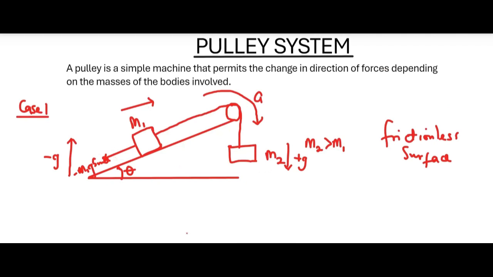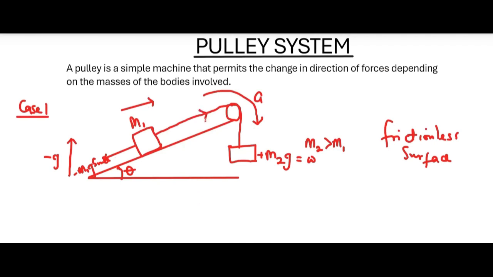So for this other side here, we don't need the sine theta because the body is purely on the vertical. Hence we have plus g because the gravity is positive, right? So this gives you the weight bringing the objects downwards, right?